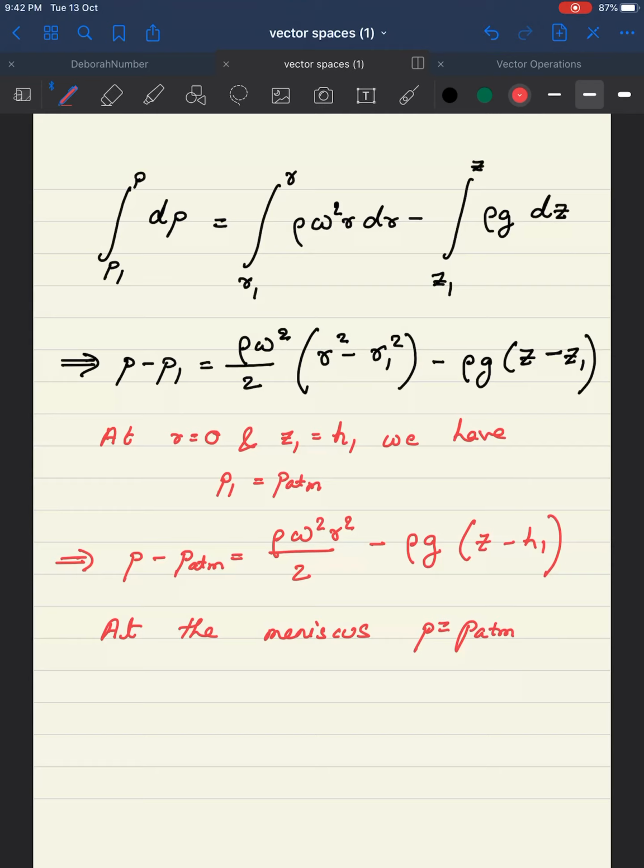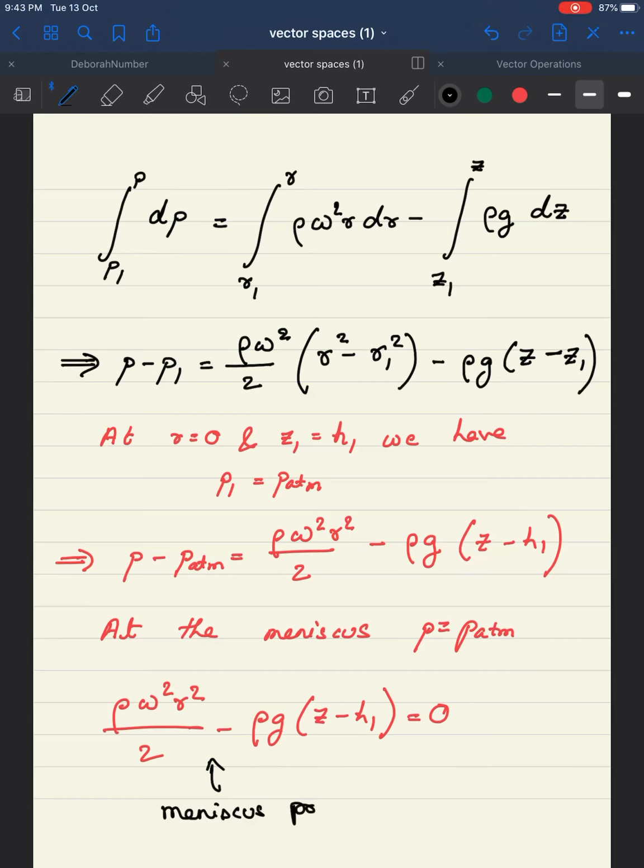So if you want to find the expression for the z values for the meniscus as a function of r, then all you need to do is to solve this equation. This is it. And the solution to this equation is your answer. So the meniscus profile is given by this above equation itself.